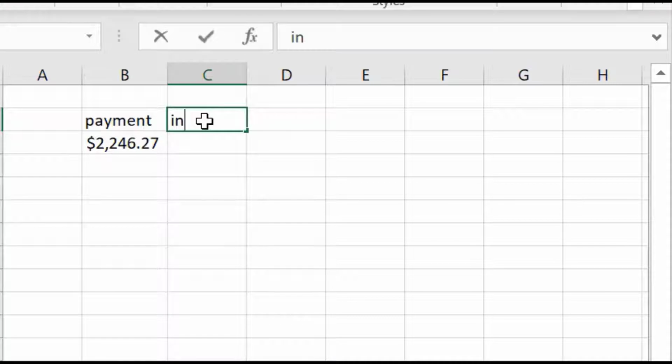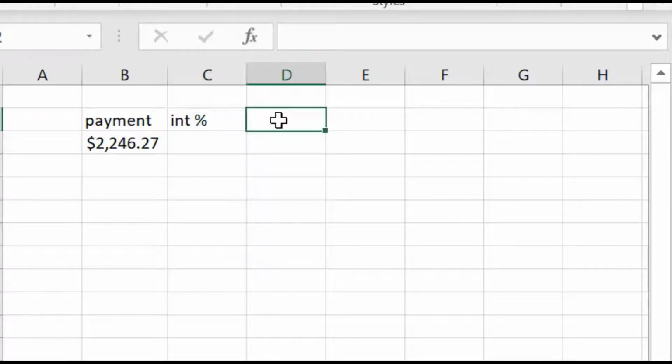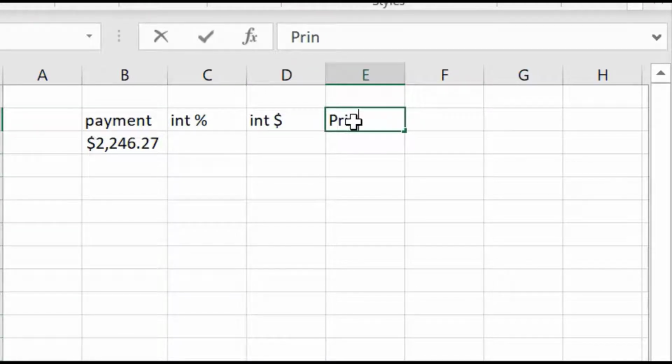This next column is going to be the interest percentage. This next column is going to be the interest dollars. This next one will be the principal dollars. And then offset by 1 will be the balance.